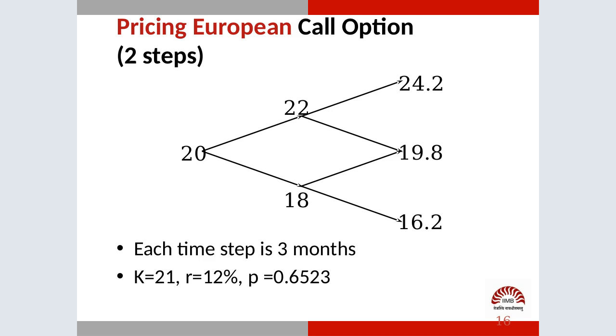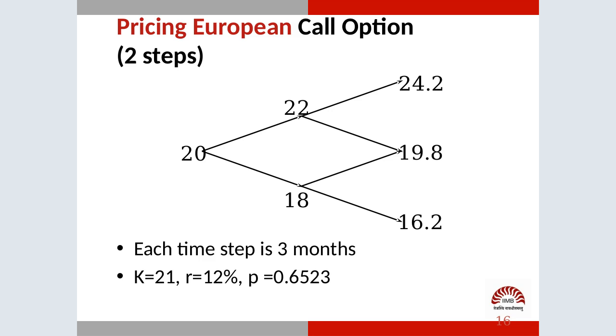Now, two things. I will have to define whether this is a European option or an American option. The reason is that in a European option, there will be no possibility of exercise in the middle points. So when the price goes to 22 or 18, I cannot even think about a possible exercise.